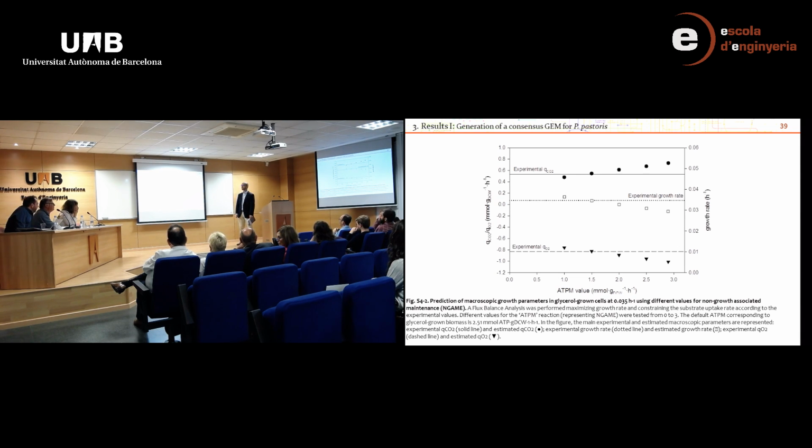Well, I'm happy that we could get the reason why the model is not predicting accurately, because there's a reason that is decreasing the energy maintenance at lower growth rate. So if we want to use the model at lower growth rates, we have to better calibrate or characterize the Pichia pastoris growth at such growth rates in order to establish the proper energetic requirements.